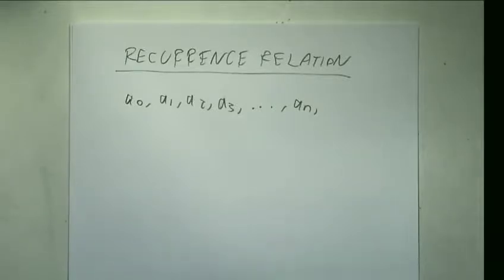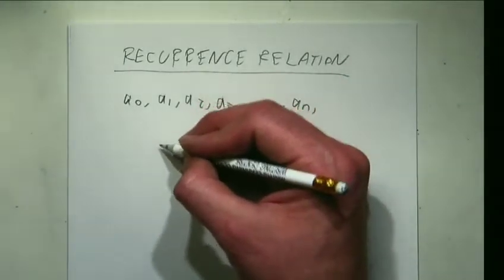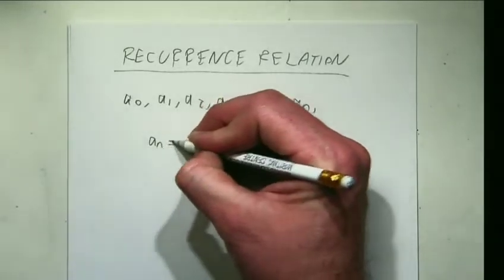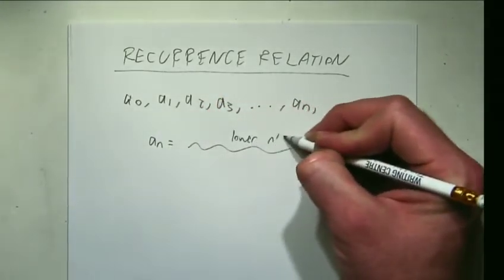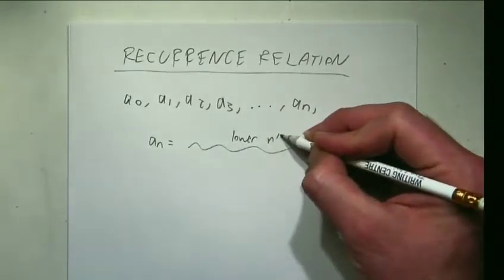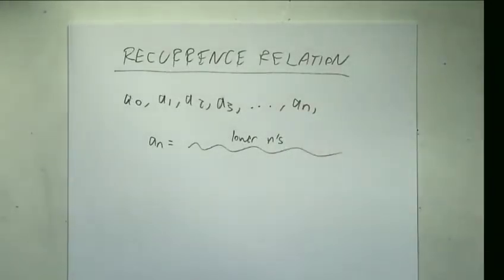So a recurrence relation says that an is equal to something involving lower n's. Of course, if they ask you for a definition, which they won't, you will not write that, because that's fairly dodgy. But that's what it is.